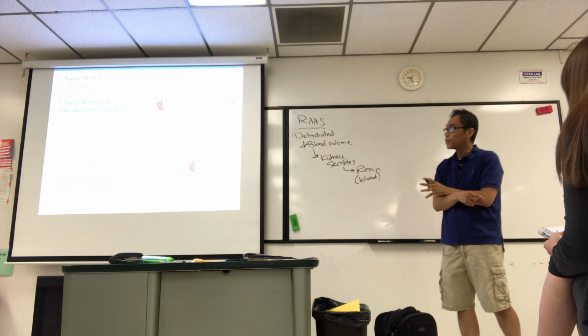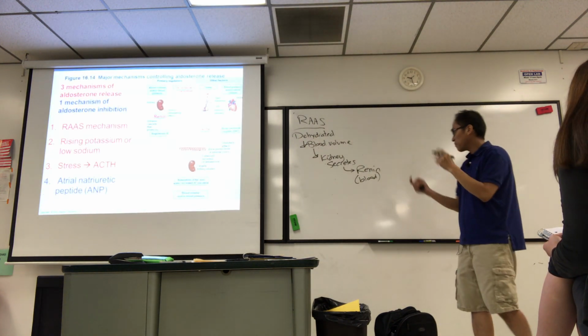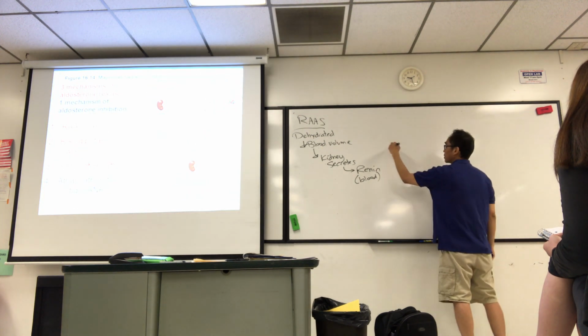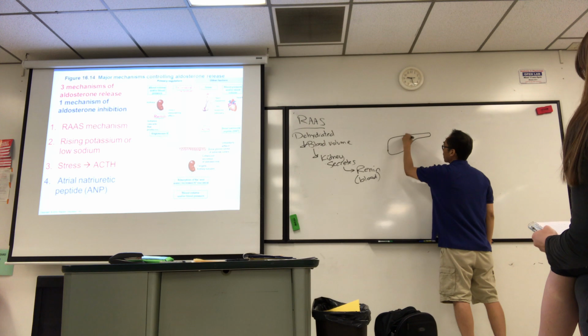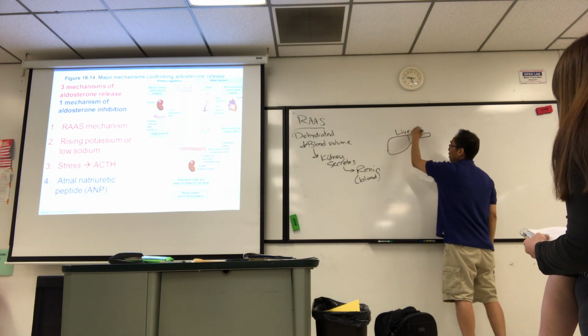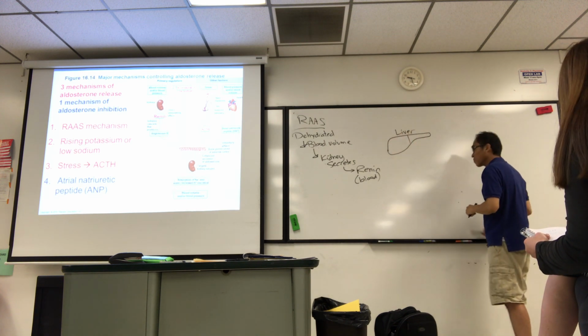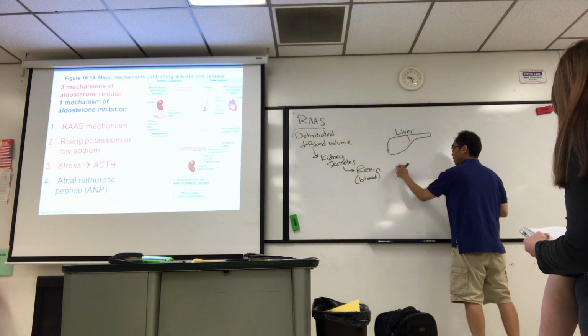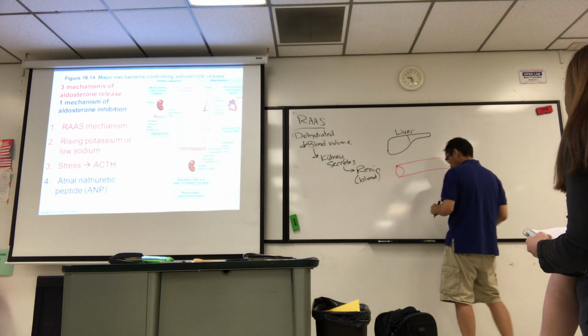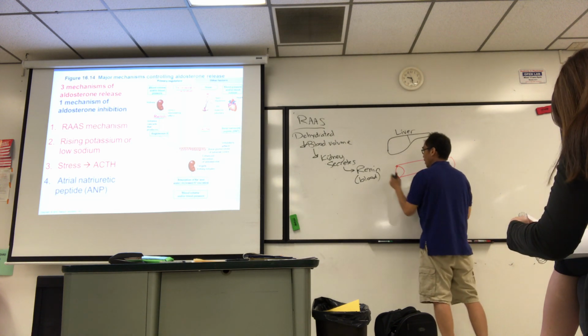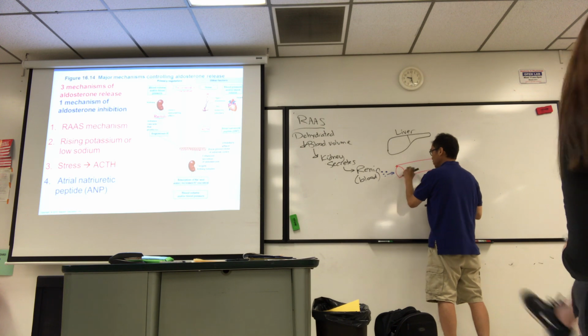And what renin will do, well, first I also have to mention this. You have the liver too. So here's the blood, and the renin has to enter the bloodstream.